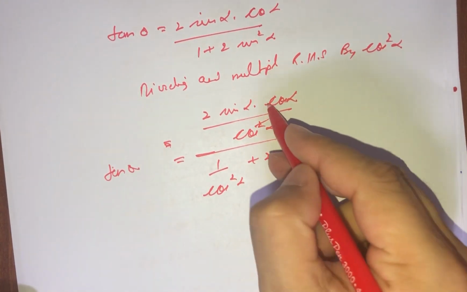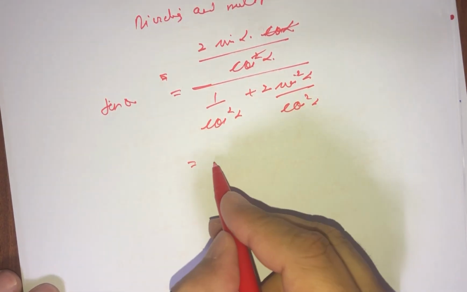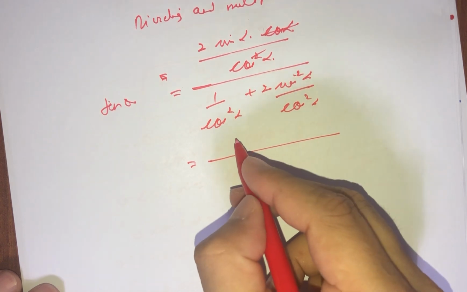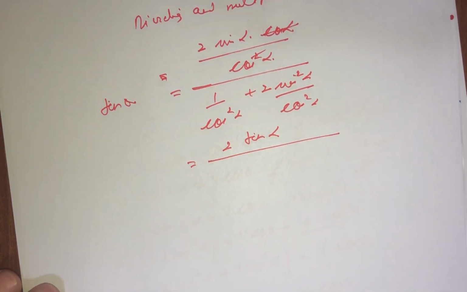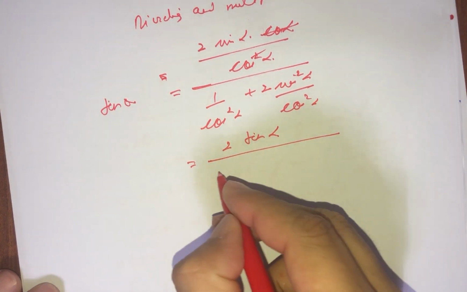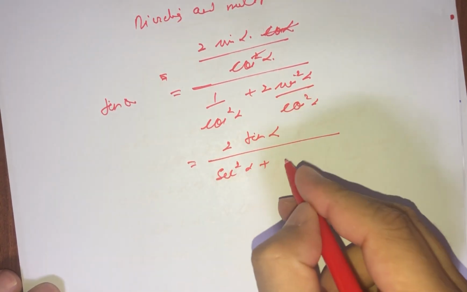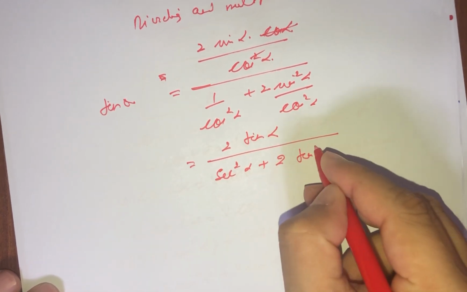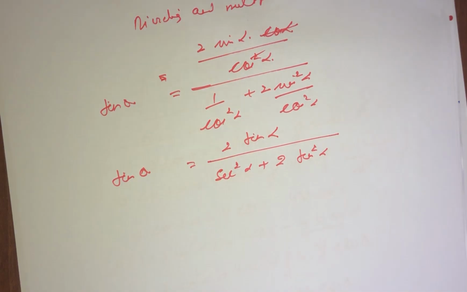So cos square cancels out, so we are left with 2 tangent alpha, and 1 upon cos square is secant square alpha, so secant square alpha plus 2 tangent square alpha, and this is equal to tangent of theta.